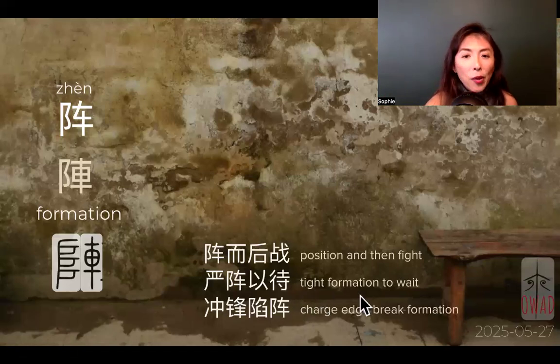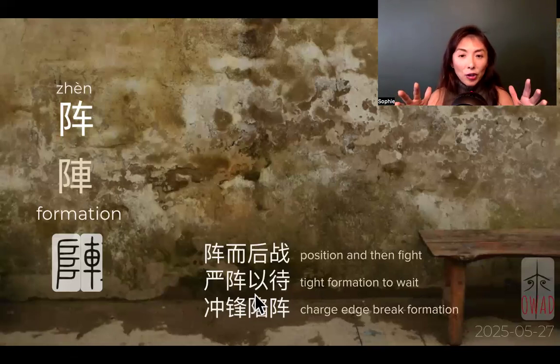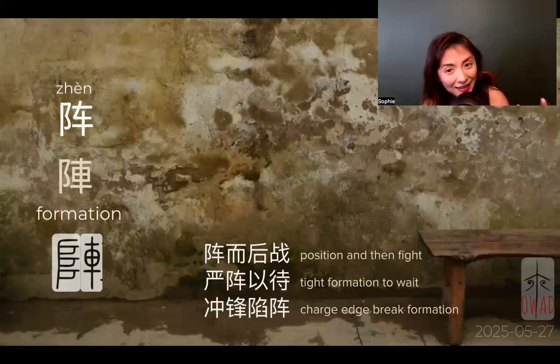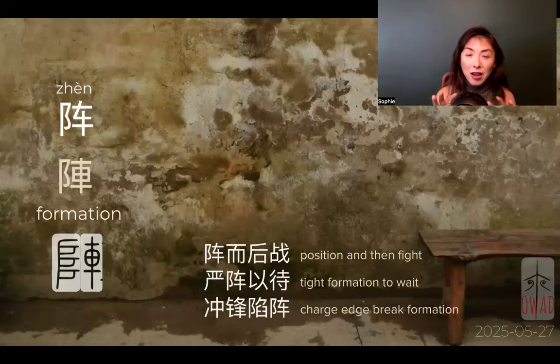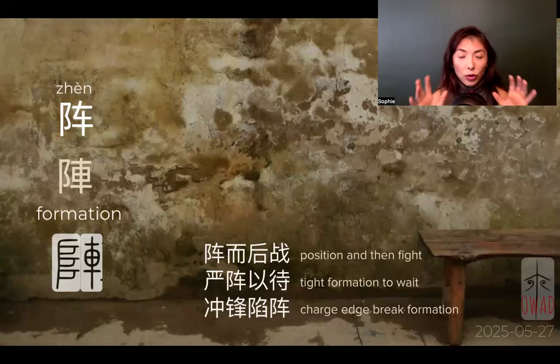You have this tight formation. 严阵 probably means that in between such war vehicles you form it, distance it, pace it, space it, so that they are tight enough, hard for the enemies to break in. 以待 means the purpose, in order to wait for the big moment of war, for the incoming impact from the enemy side. So to endure the impact is to tighten your formation.